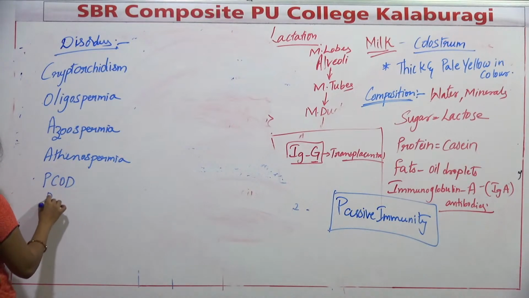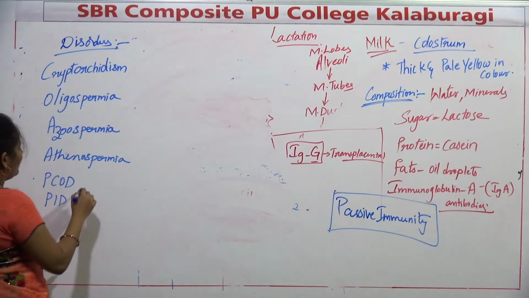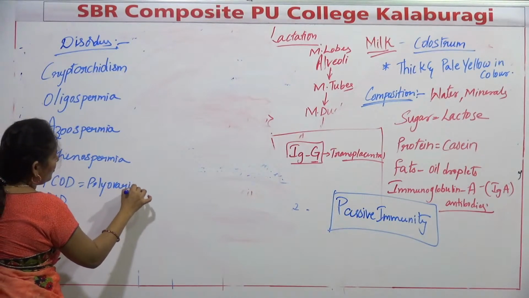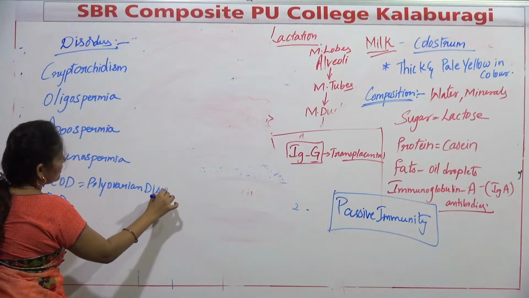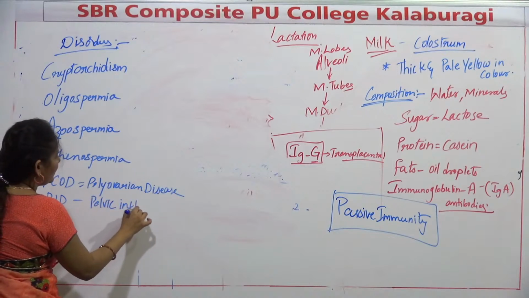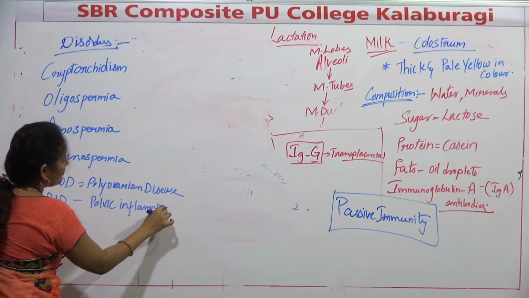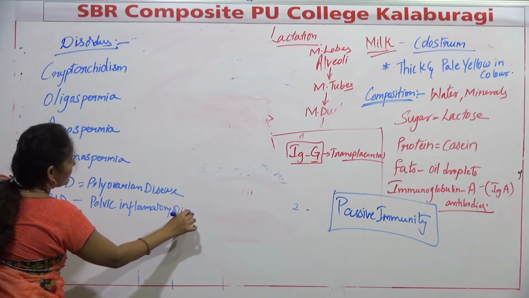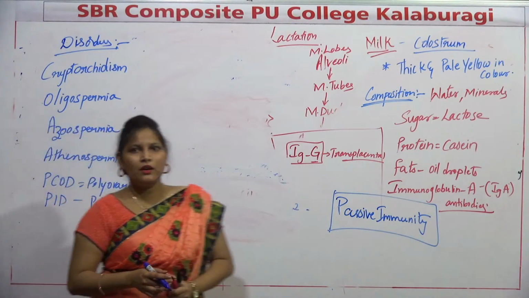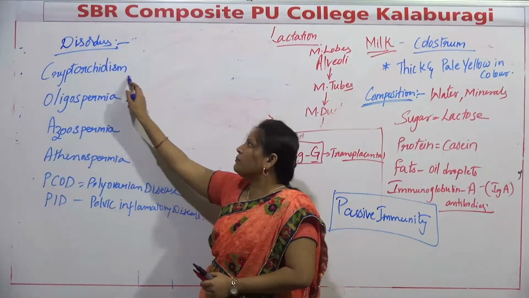PCOD in case of females, PID, polycystic ovarian disease, pelvic inflammatory disease. These are some of the disorders that are associated with the human reproductive system.